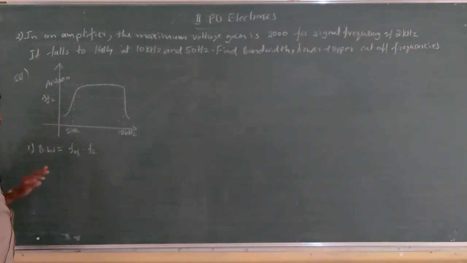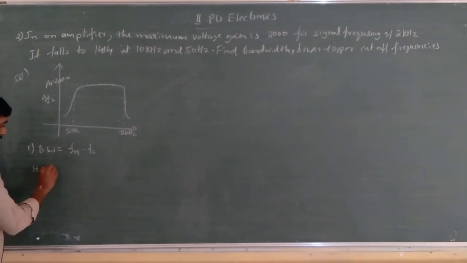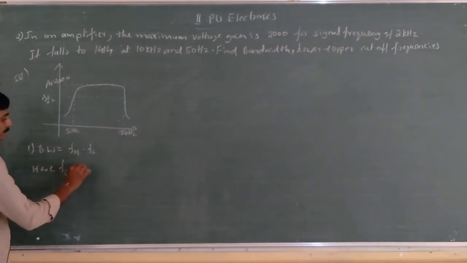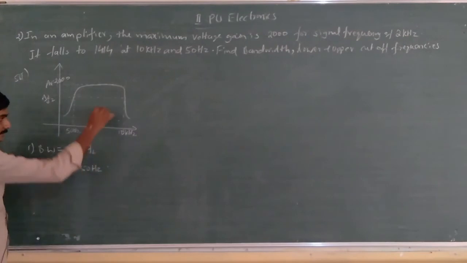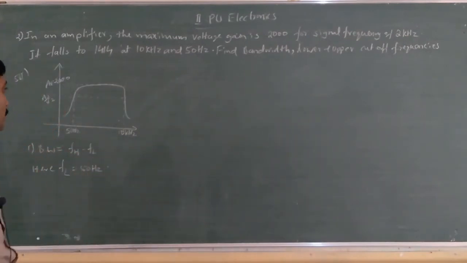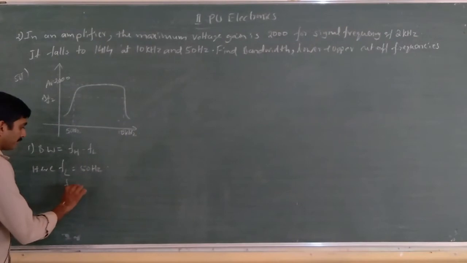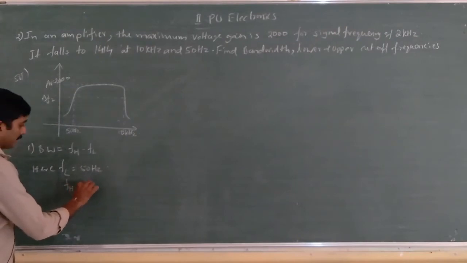Before going to the bandwidth calculation, FL equals 50 hertz, from the figure, because this is 1 by root 2 of the maximum value. Therefore, this is the half power frequency: FL equals 50 hertz and FH equals 10 kilohertz.